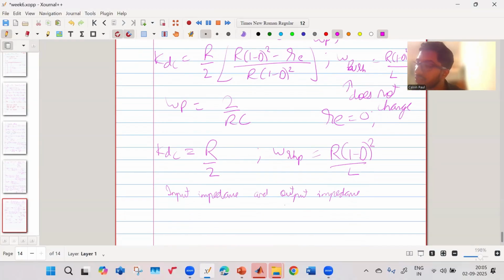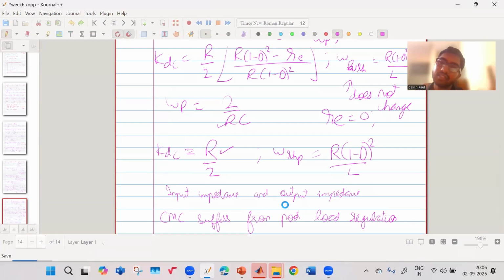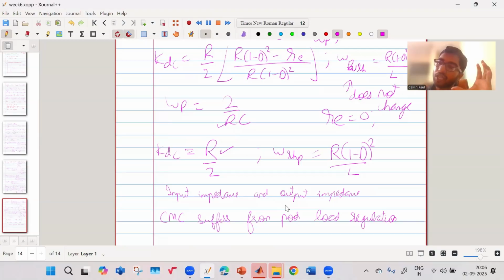So current mode control suffers from poor load regulation, because the DC gain is dependent on R, and the pole location is also dependent on R. So if your R changes in a wide range, whatever controller you have designed considering this transfer function would not be valid. In that case, you'll have to redesign your controller or use a different set of gains.